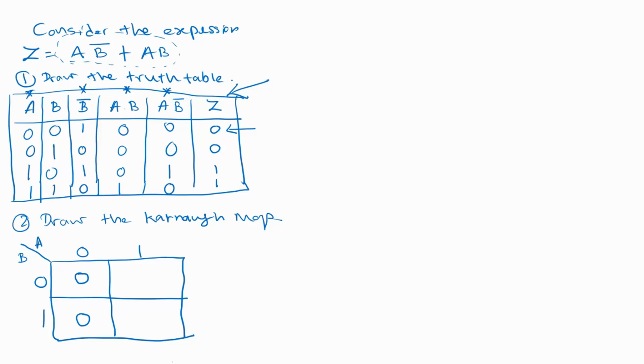When A is 1, B is 0, we have 1. And the final line, A 1, B 1, Z is 1. Correct? Yes or no? Everybody got this answer? Yes, madam. Good.